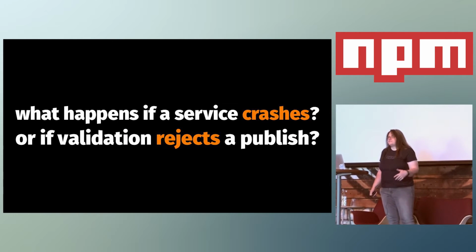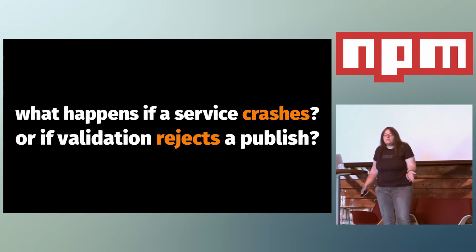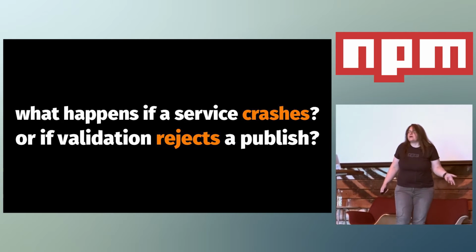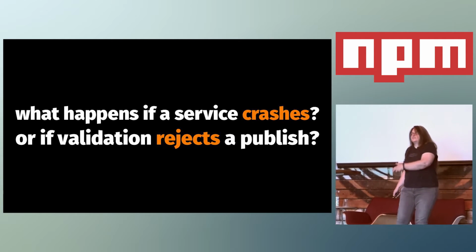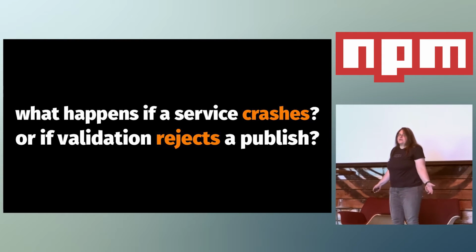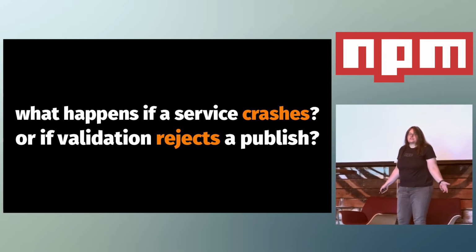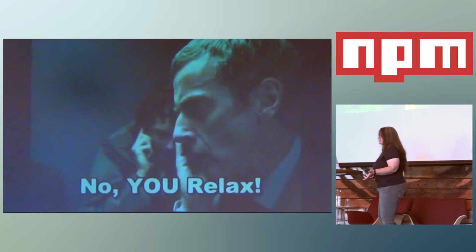So what happens if a service crashes midway through publication? Or if the validation server says, nope, sorry, this isn't a valid package, SHA-sum's wrong, boot. Well, we have user access control tombstones sitting in the database that we have to clean up, that one service, the service further down the chain, doesn't know about these access control lists.